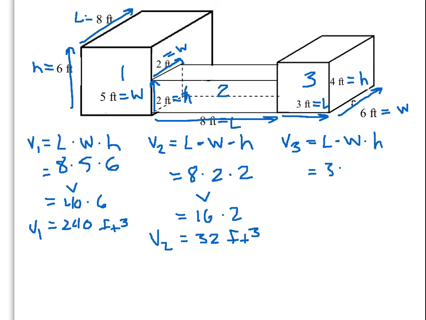So 3 times 6 times 4, 18 times 4. Volume 3 is equal to 72 feet cubed.